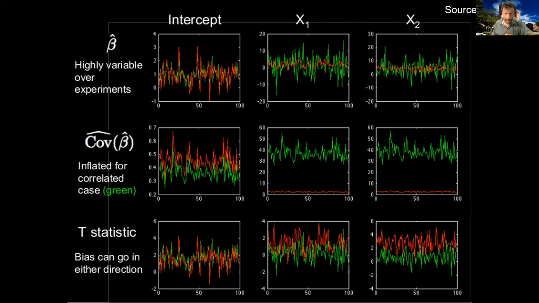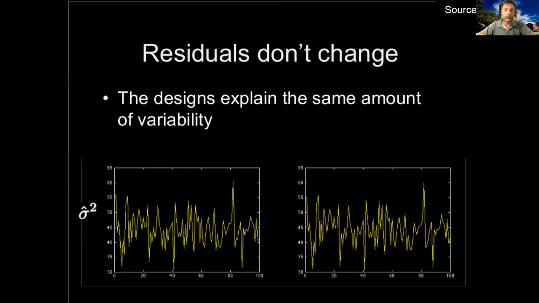Now, the most important aspect is that if you take all of these 100 simulations that we've done, and you look at the residuals, they are identical. So the highly correlated and the uncorrelated cases have the exact same residuals. So they're both perfectly fine explanations. The betas that you get are both perfectly fine explanations.